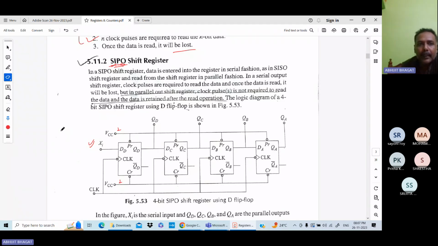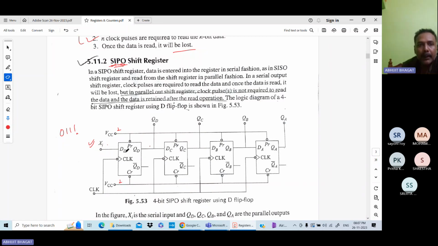So suppose any data, suppose 0, 1, 1, 1. At the first clock pulse, this data will be transferred to this. In the second clock pulse, this will be input and this is transferred to this one.